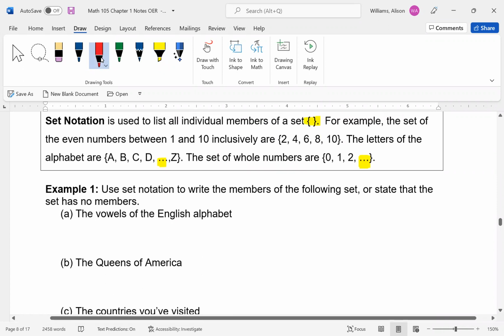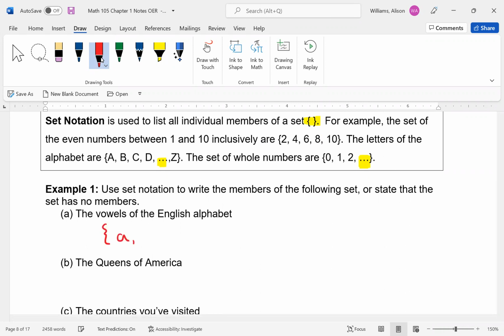The vowels of the English language or alphabet, that would be A, E, I, O, and U. But we don't usually classify Y as a vowel. The queens of America. Well, America doesn't have queens.